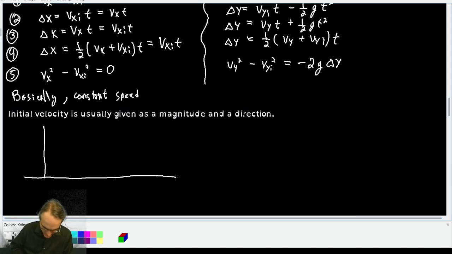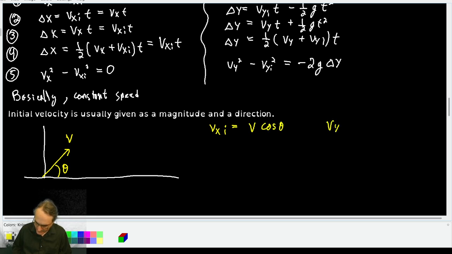That means you're usually told something like, it launches from an initial position, and you have some v at some angle, usually relative to the horizontal, but watch out, some problems give it relative to the vertical. If it's relative to the horizontal, then you can just use what's given here. Vx initial would just be equal to v cosine theta, and Vy initial would just be equal to that magnitude v times sine of theta.